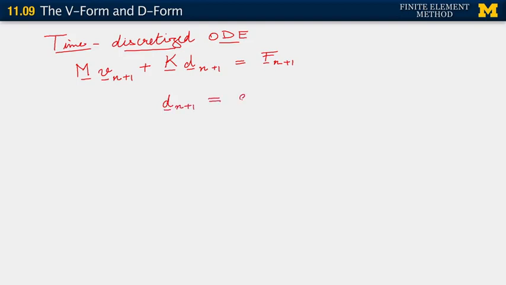equals d at n plus delta t v at n plus alpha, where v at n plus alpha equals v n plus 1 multiplied by alpha plus 1 minus alpha times v at n.